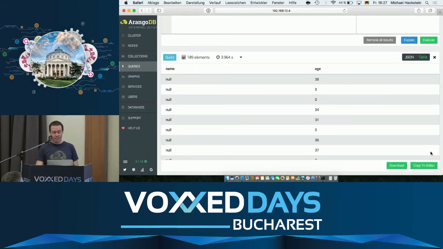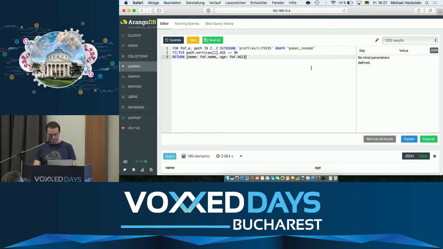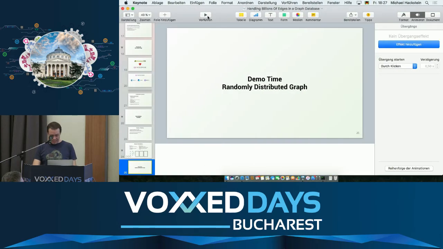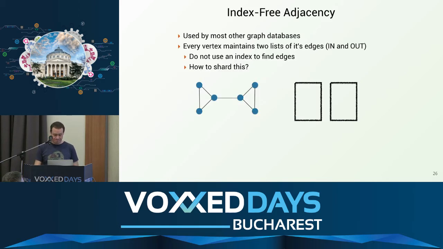That is because the start vertex is somewhere, its edges may be distributed somewhere across the cluster, their vertices are somewhere distributed across the cluster, their edges are somewhere in the cluster, and so on. So I need lots and lots of HTTP hops to actually query this, but at least it works. So in 4 seconds I can get friends of friends of one of those persons. And this is, as I told you, the price that I pay. If I use the random distribution, I get equal distribution, but slower queries.